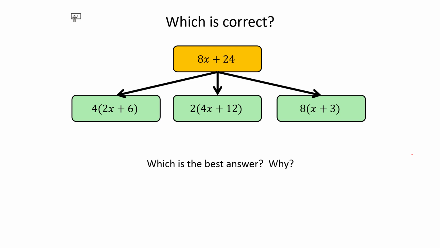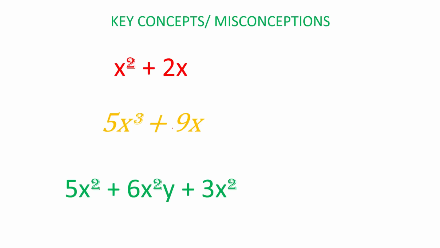Well, even though if you expand all three of these, you will get the right answer, the only correct one is this one, because that's the highest common factor out of both. These are not acceptable answers because they're not the highest common factor.